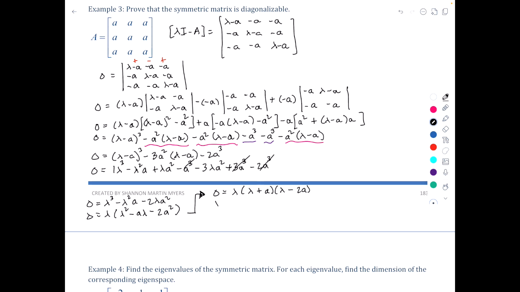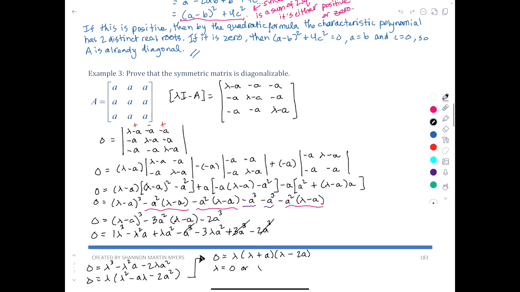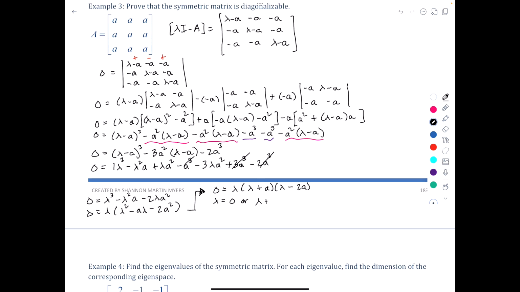So we will get lambda is equal to 0, or lambda plus A is equal to 0, or lambda minus 2A is equal to 0.